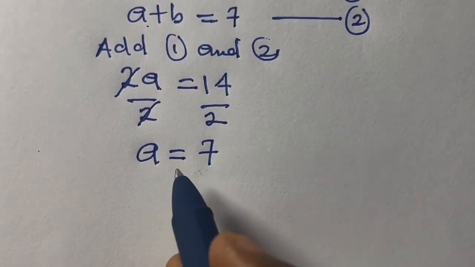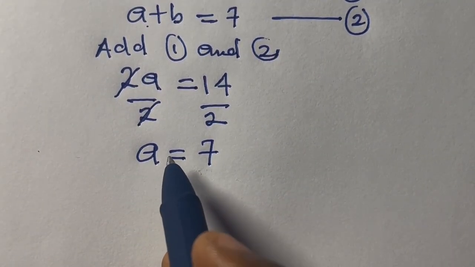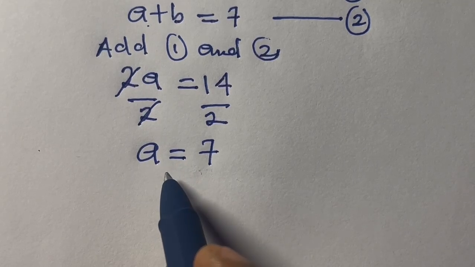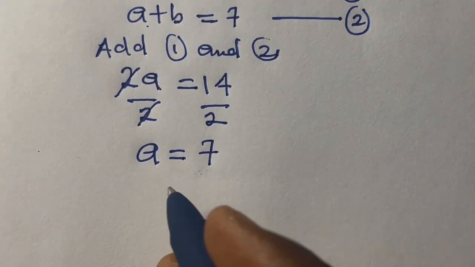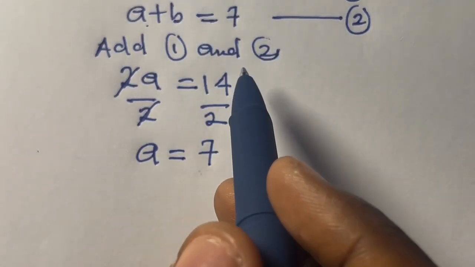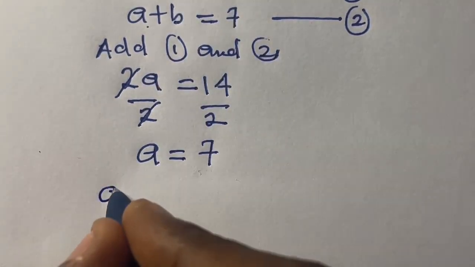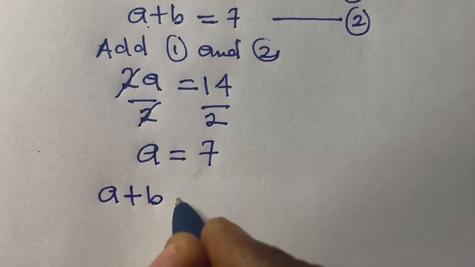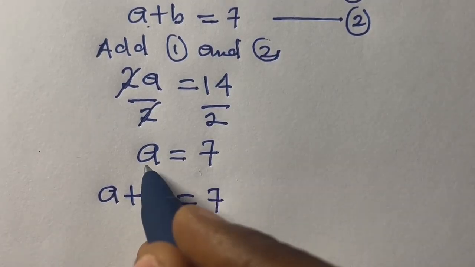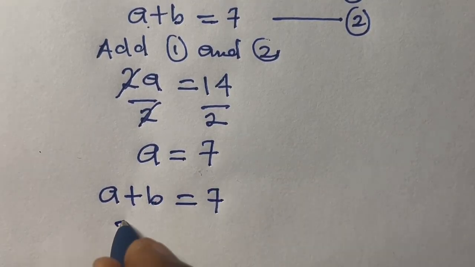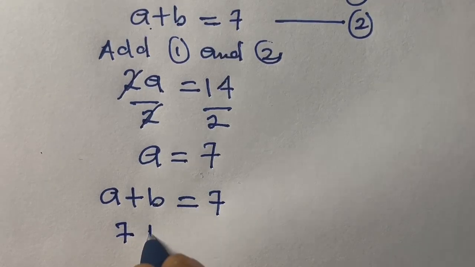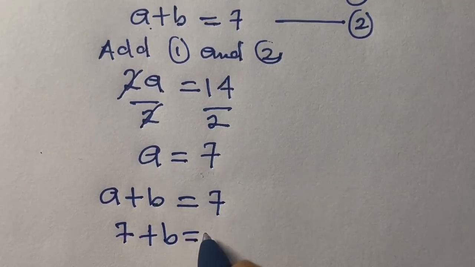To obtain b, we substitute this value of a into equation 2. By equation 2, we have a plus b equals 7. So wherever we see a, let's put 7. So we have 7 plus b equals 7.